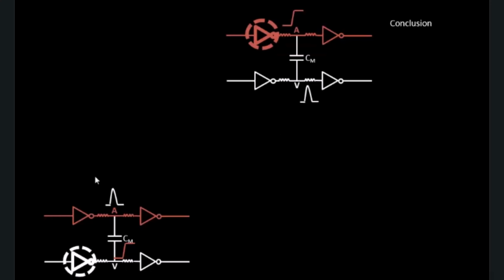So you see that this particular scenario and this particular scenario are exactly the same. By exactly the same, I mean the amount of glitch that it produces and the amount of glitch that this scenario produces are exactly the same. What has gone wrong over here is that the victim has now become the aggressor, and the aggressor has now become the victim.